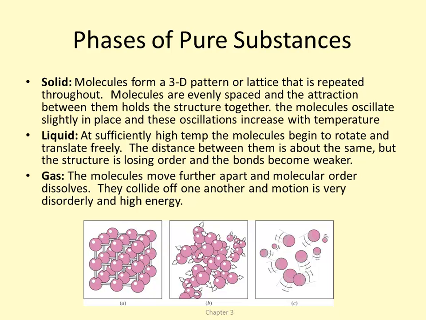If you were to predict the location of the molecules, it would be much easier to do so in the solid phase than in the gaseous phase. As the molecules start to move, they first go to the liquid, then to the gaseous phase. The gaseous phase is very disorderly, but it's also high energy. Very disorderly means higher entropy, and orderly means lower entropy.